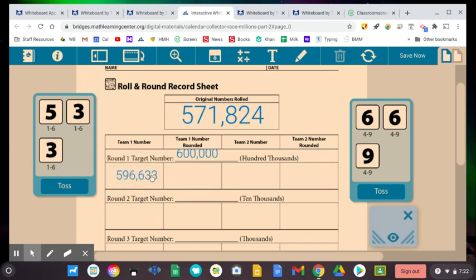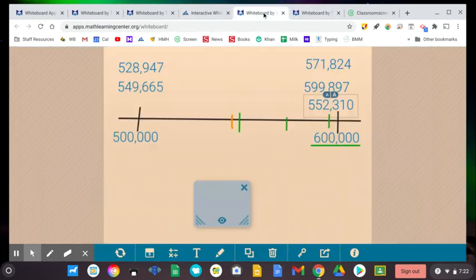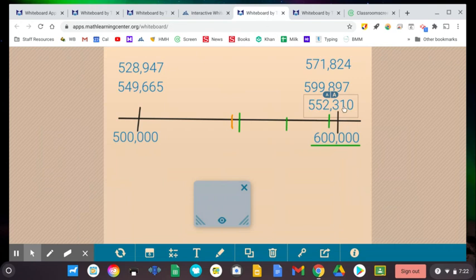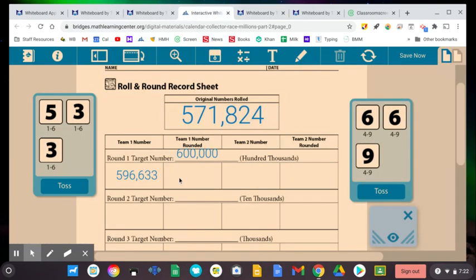Okay, so there we go. Let's look at our number line. If we had the number 596,633, that's very similar to this number, and we know that this number rounded to 600,000. So we have rounded to 600,000. Let me type that in.